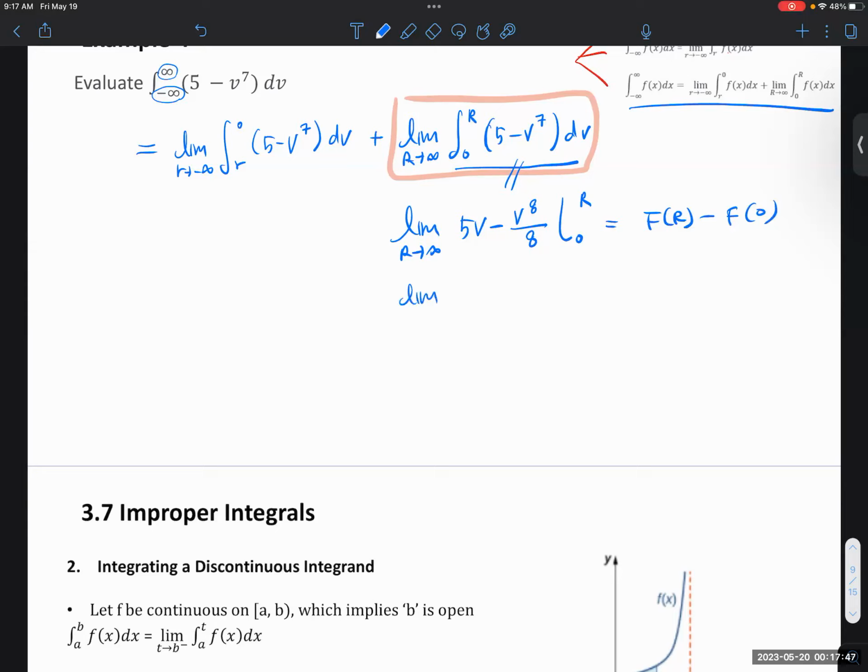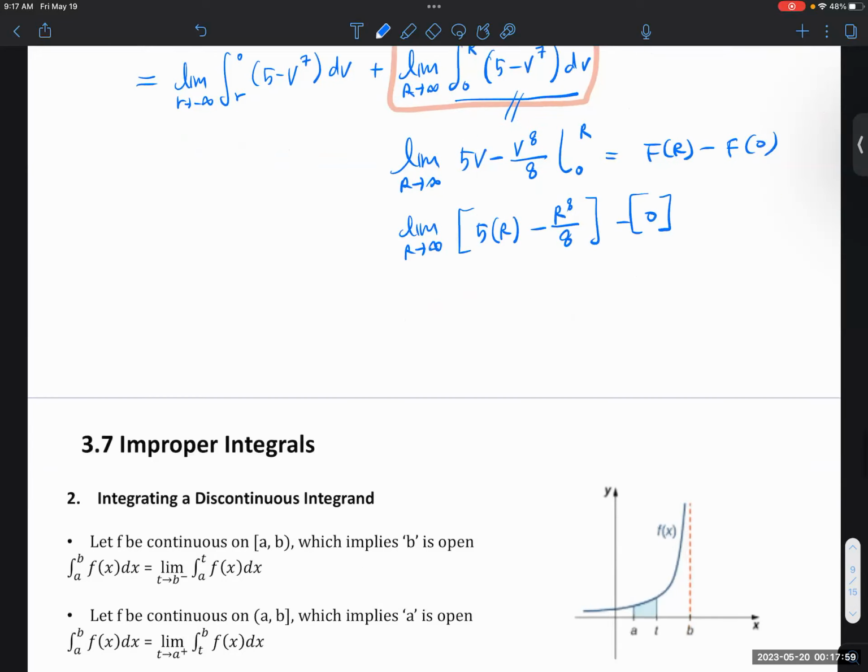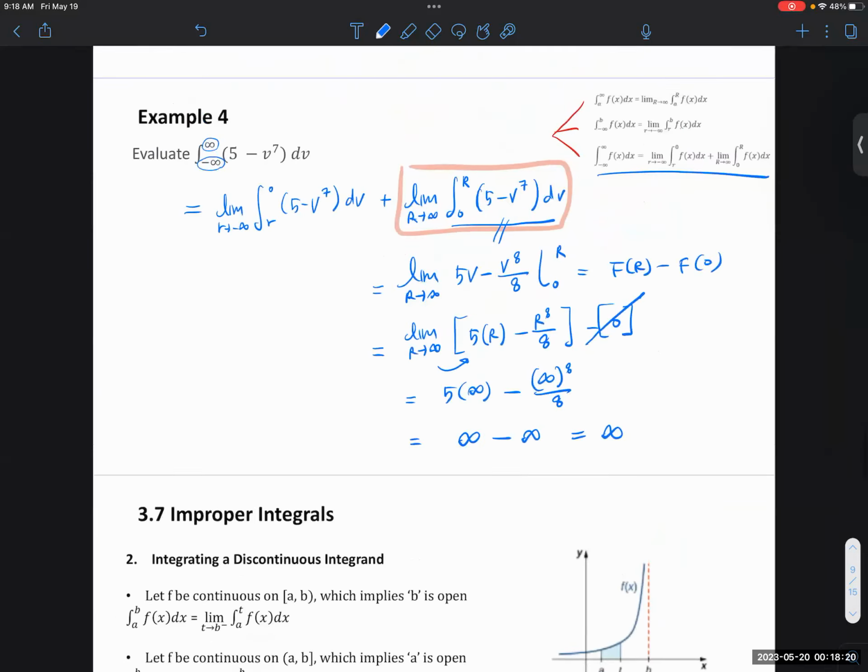So the limit, we have 5 times r minus r to the 8 over 8, and then you subtract 0, so everything is 0. Then you use direct substitution: 5 times infinity minus infinity to the 8 over 8. 5 times infinity is infinity, and infinity divided by whatever number is infinity. So infinity minus infinity is infinity. So this is a diverge.